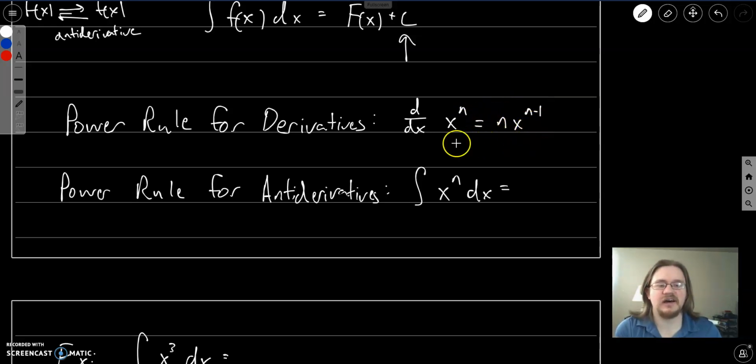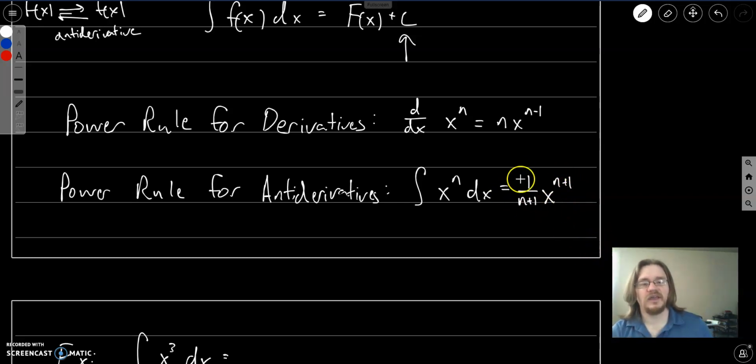The opposite of this operation. So instead of pulling down the power first and then raising it to the 1 fewer power, we're going to raise it to the 1 bigger power. We've got to go in reverse. And then, rather than multiplying by n, we're going to divide by the exponent.